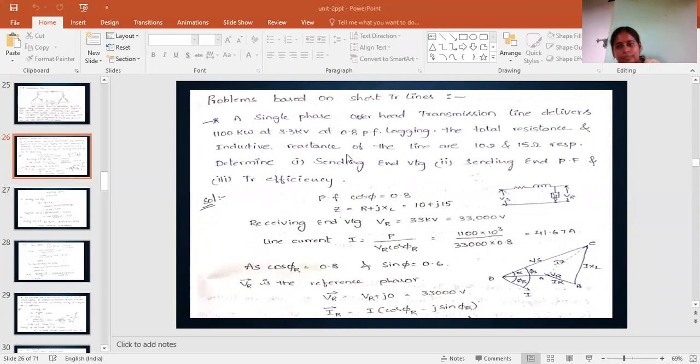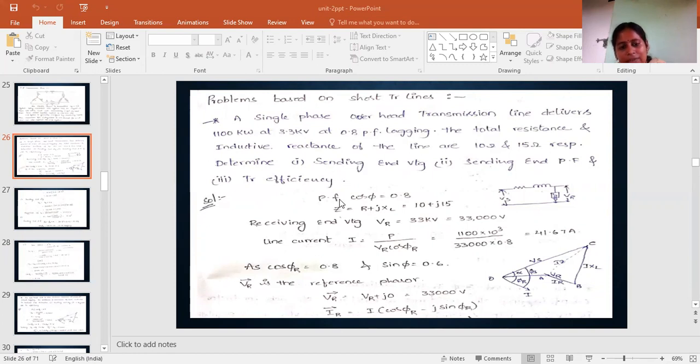So at the receiving end, power, voltage and power factor are given, and the total resistance and inductive reactance are also given, that is 10 ohms and 15 ohms. Determine the sending end voltage, sending end power factor and transmission efficiency also.